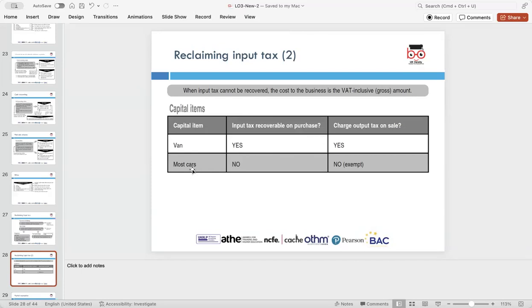Most cars: input tax generally cannot be recovered on the purchase of most cars, and output tax is not charged on the sale of most cars as they are exempt from VAT.